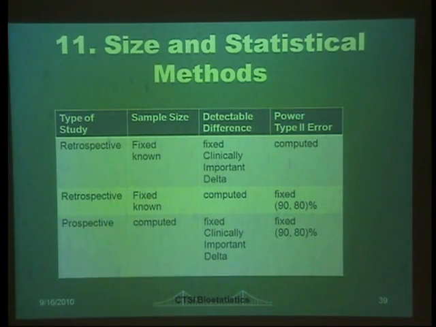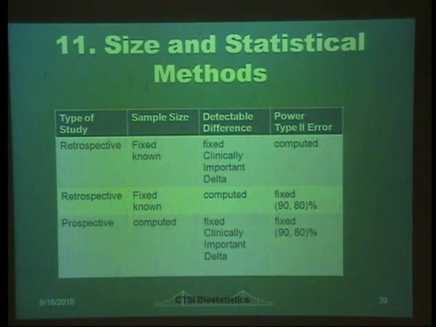So here's a little table of kind of what we can do. If we have a retrospective study, usually the sample size is approximately fixed. It's fixed either by the total number that are available to us in the database, or it's fixed based on how much time and money we have to go back and review charts.